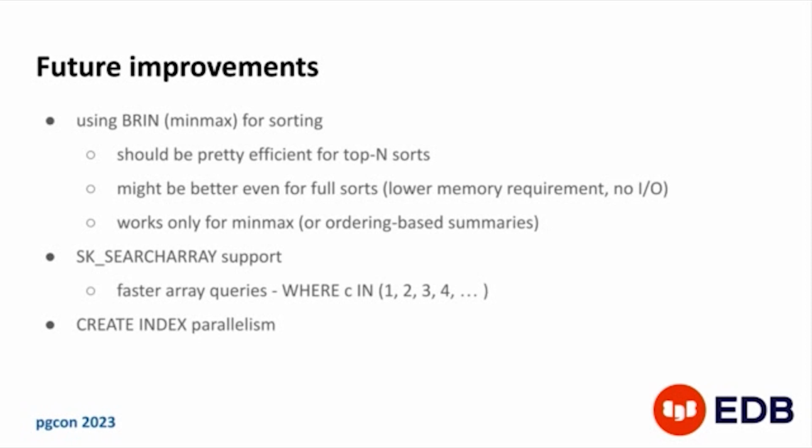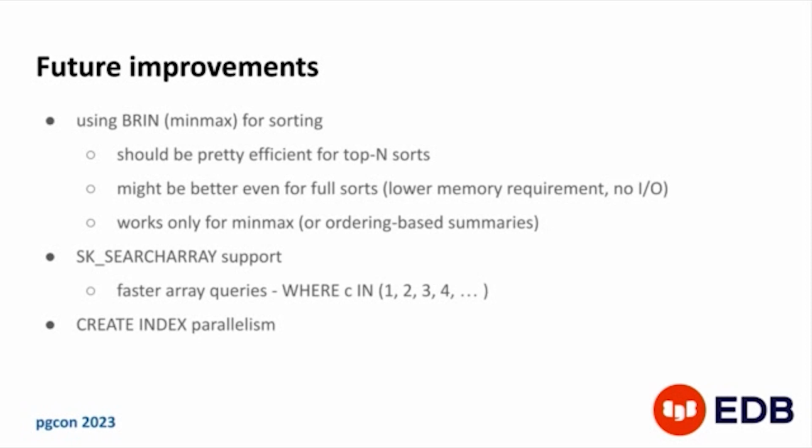What is the future of BRIN indexes? We already have a couple of patches that, however, need a lot of testing feedback. So if you are interested in this, I would love to hear feedback if you try that on your application. The first thing is that I mentioned that BTREE indexes allow sorted output.